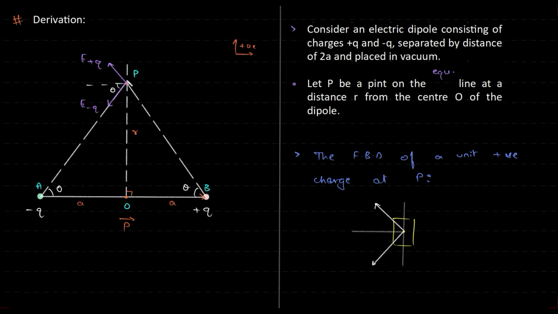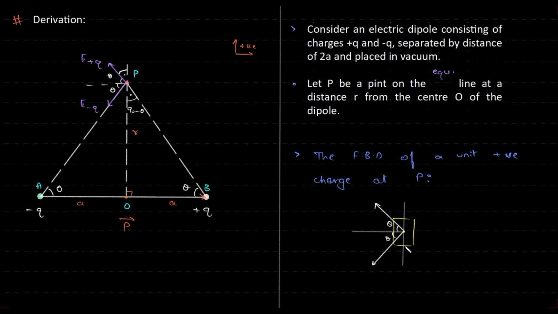Between these two angles, which can we find? This angle is 90 minus theta, for obvious reasons, by the angle sum property. This is opposite to that, and so this has to be theta. Make sense? So basically, this is theta and this is theta.